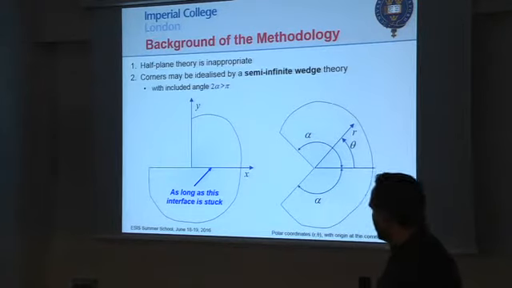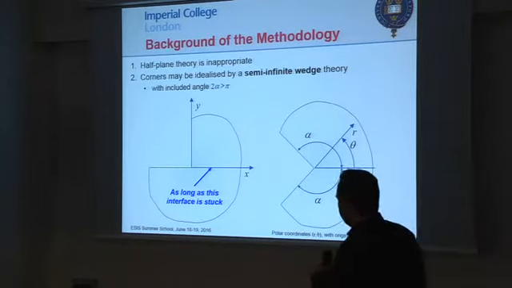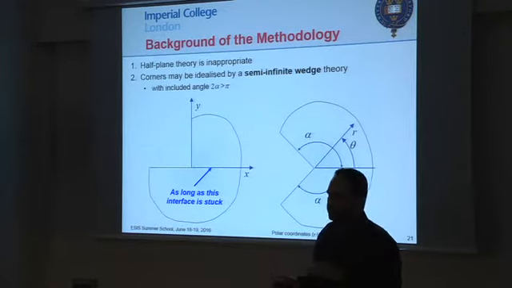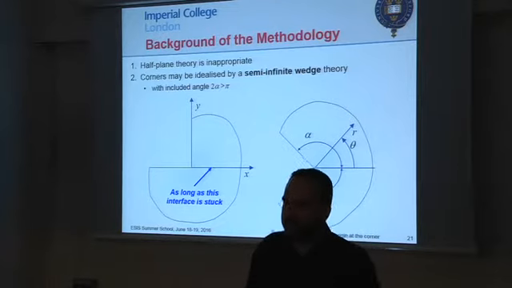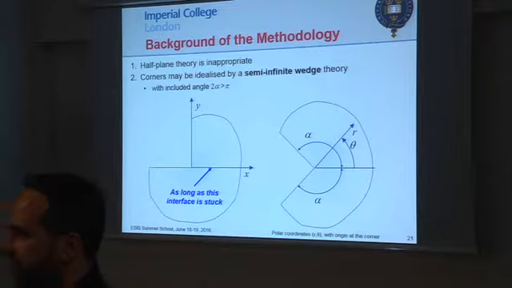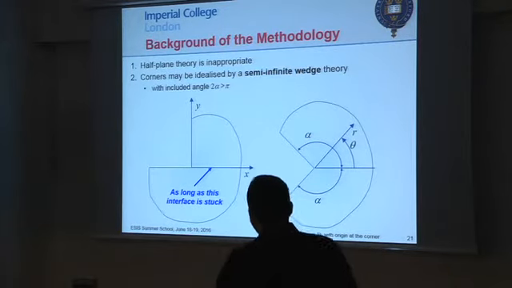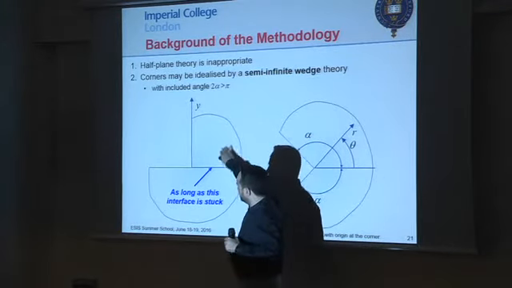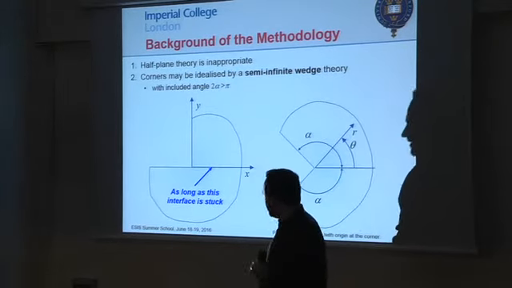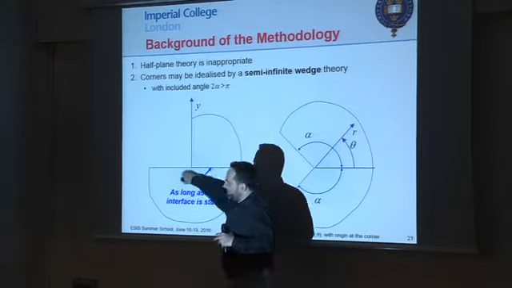But what comes to our aid is this: let's for a second assume that this is glued, completely welded to the bottom material. And let's for the time being assume that those two materials are the same. So this is material 1, this is material 2. Let's assume material 1 and material 2 are the same for the time being, and that this interface is completely glued.